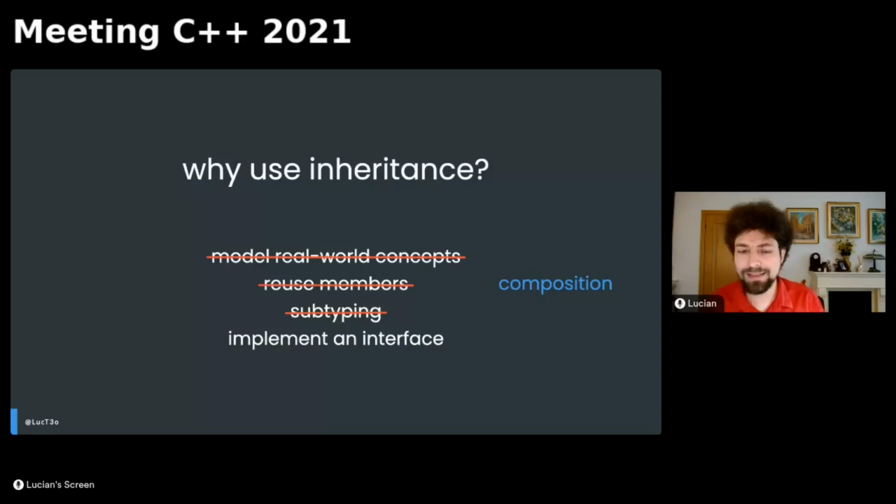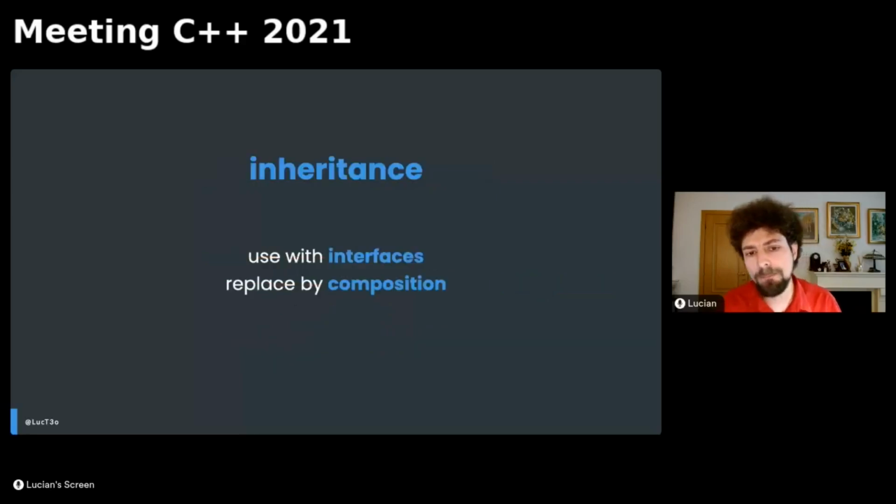Subtyping doesn't quite make sense. You find better ways to do that. But we still haven't discussed implementing an interface. And that's something that is not necessarily bad. It can be in some cases, but not always, and not in this generalized way.